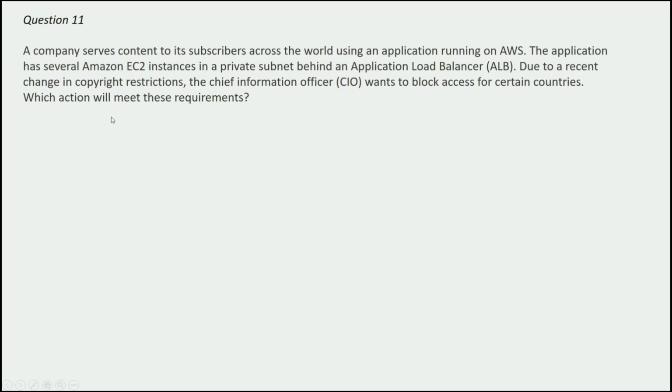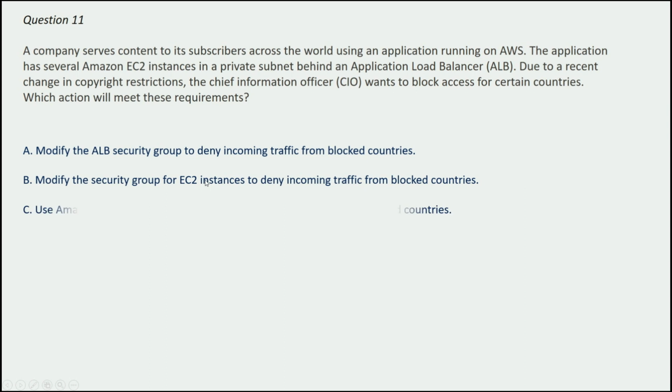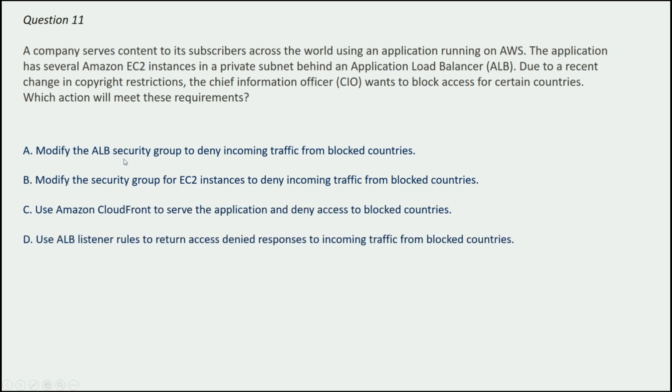Which action will meet these requirements? So here are the options. Modify ALB security group, modify security group for EC2 instances, Amazon CloudFront to serve the application and deny access to blocked countries, ALB listener rules.